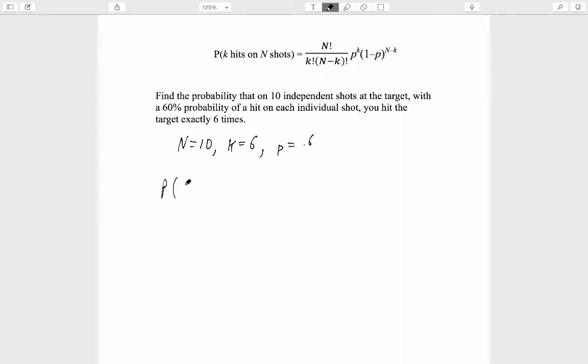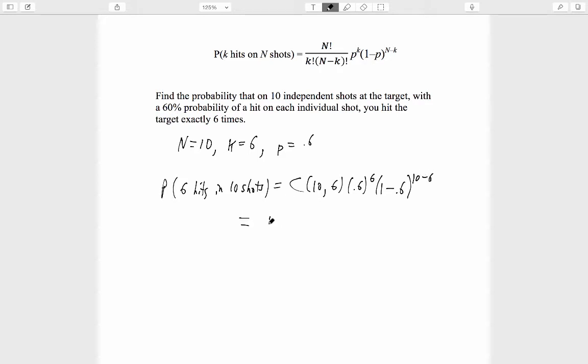We compute the probability of 6 hits in 10 shots to be 10 choose 6 times 0.6 to the 6th power times 1 minus 0.6, that's the probability of a miss, raised to the 10 minus 6 power, that's the number of misses.